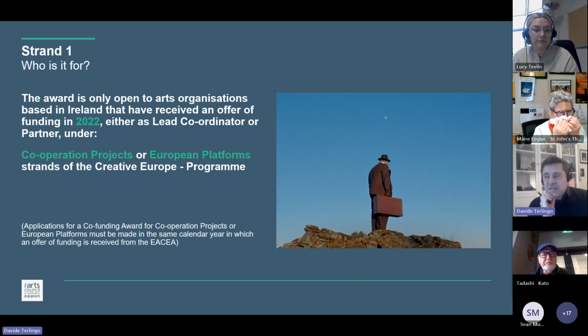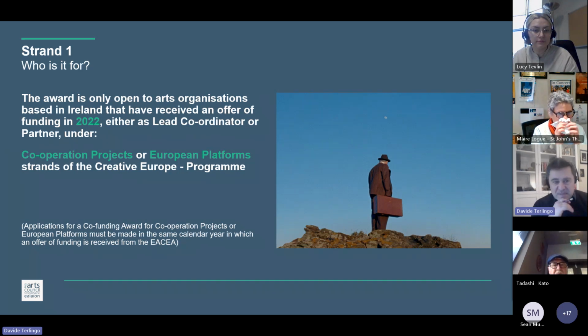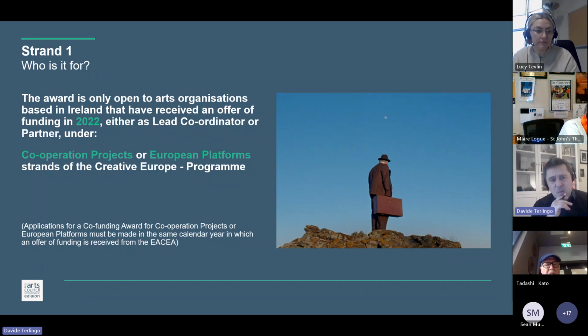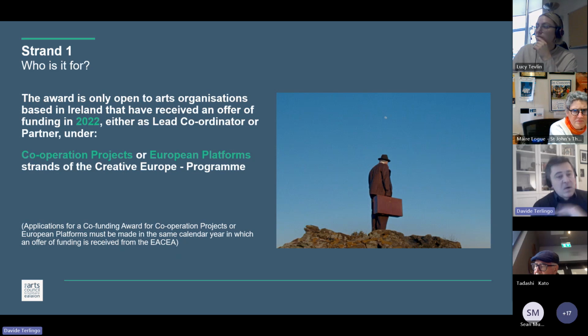Strand 1 has been running for about 8 years, so it's been a quite successful program by the Arts Council. The award is open only to organizations based in Ireland that have received an offer of funding in 2024 (this is an old slide), essentially this year, either as a lead coordinator or partner under two particular strands of the Creative Europe programs: cooperation projects or European platforms, not other strands.